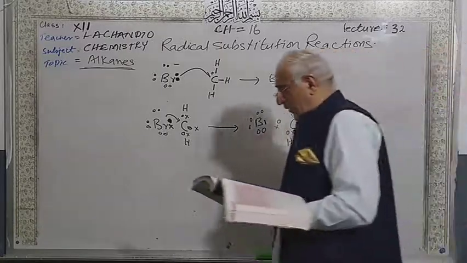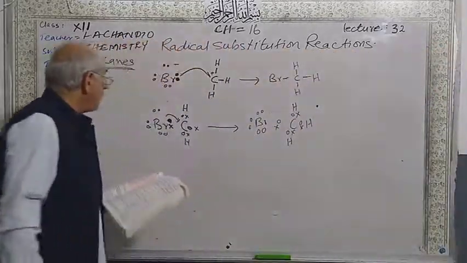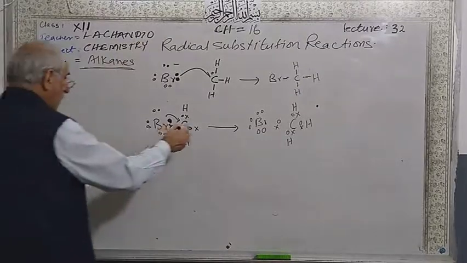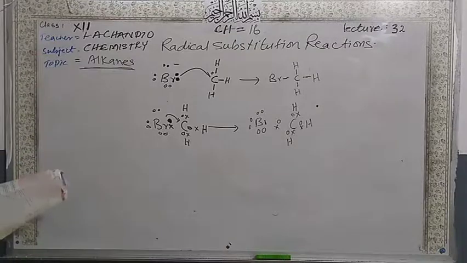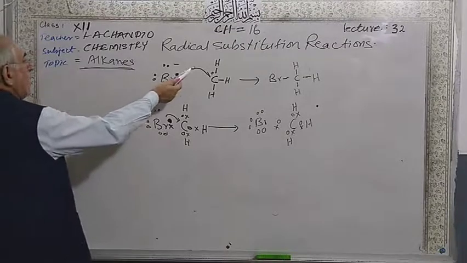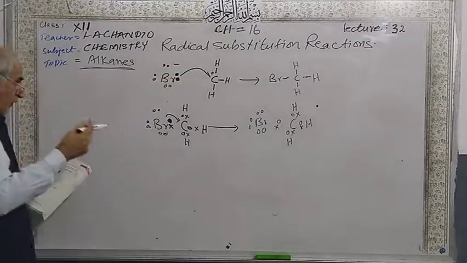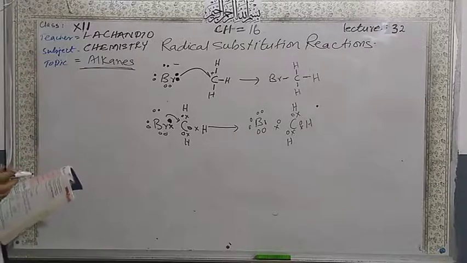This is a dot-and-cross formula of methyl bromide. So this is the differentiation between the movement of the electron pair.